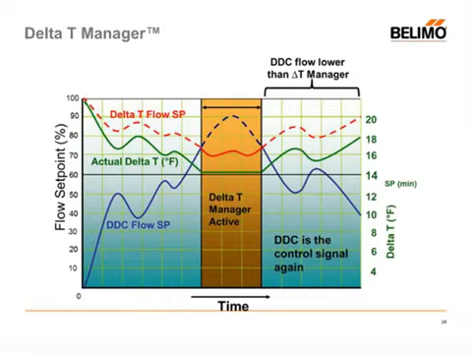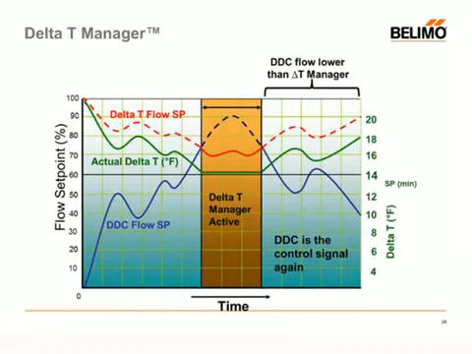Once we get back to within our design delta T, the Delta T Manager turns the signal back over to the DDC. You can see our delta T set point turns back to a dashed red line because our delta T is above our set point, and our DDC signal starts to drop down here.